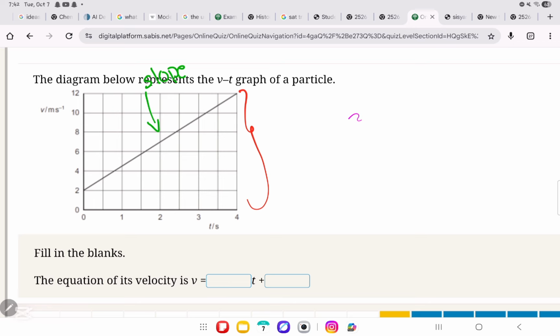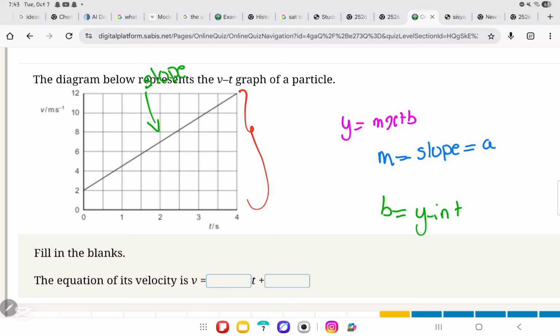If it's a straight line, it's y equals mx plus b. Now, m in this scenario is the slope, which is the acceleration, because the slope in a VT graph is the acceleration. And b is the y-intercept.